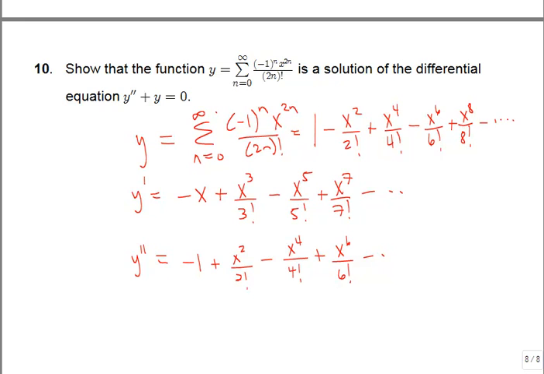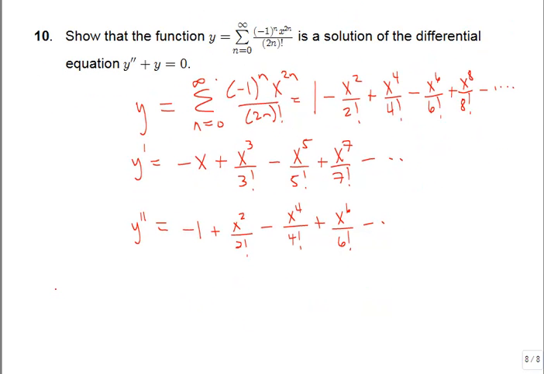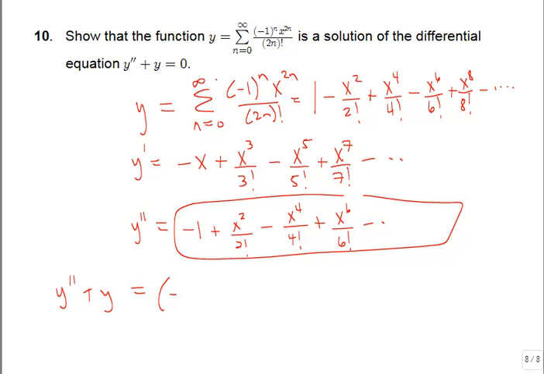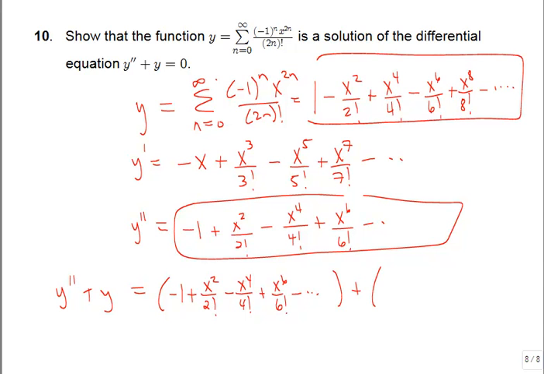So that is exactly why when we do y double prime plus y, what's that going to be? Well, it's going to be all of these terms for y double prime plus all of these terms for y.